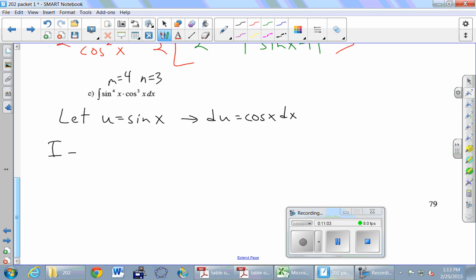So integral equals, okay, instead of sine to the fourth of x, what are we putting? U to the fourth. Okay, so we get our u in there as painlessly as possible. And then we're underlining everything else. So what's everything else? Cosine cubed of x dx, and we're trying to build that from here, which doesn't seem very promising. So how about we do this with a slightly different perspective? How about we say, well, I have a cosine of x dx that I can rewrite in terms of u, right?